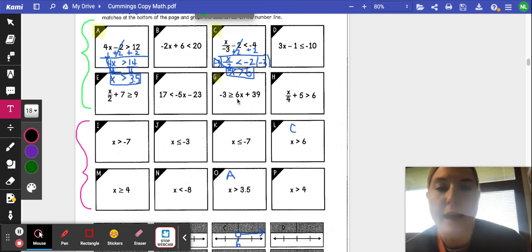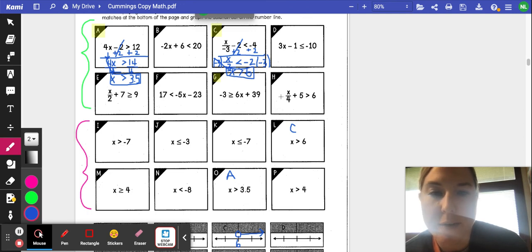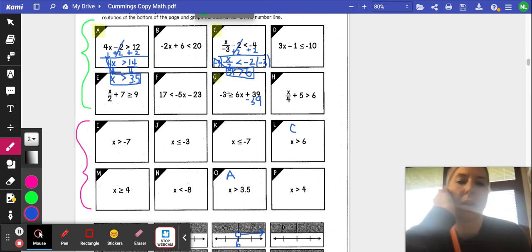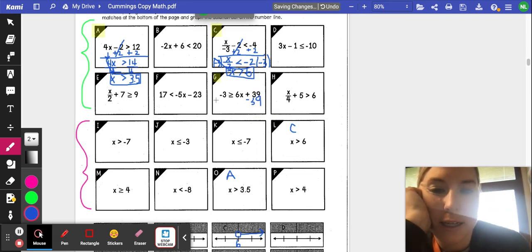So the first thing we have to do is get x by itself. I'm looking for any addition or subtraction. I do see that we have a positive 39. In order to get rid of that, I have to do a minus 39. Whatever I do to one side of the inequality, I have to do to the other side.